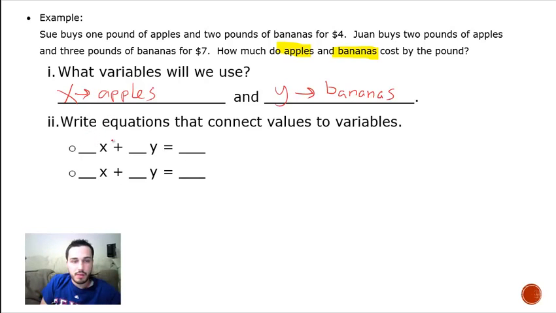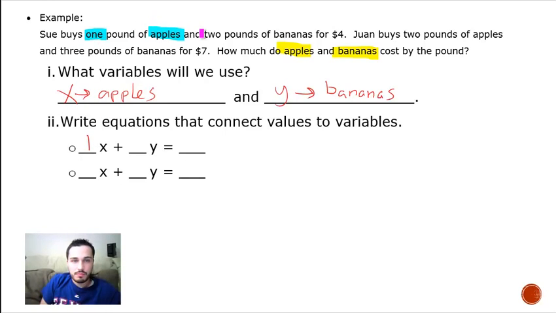Write the number with the variable. So let's start with that first sentence. Sue buys 1 pound of apples. Apples had 1 pound tied to it. So when I go to write my equation, apples is x. So with x, I'm going to put a 1.